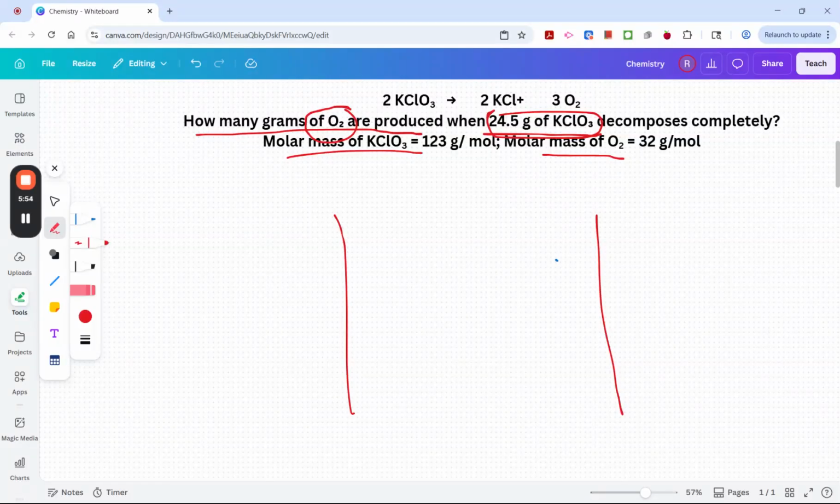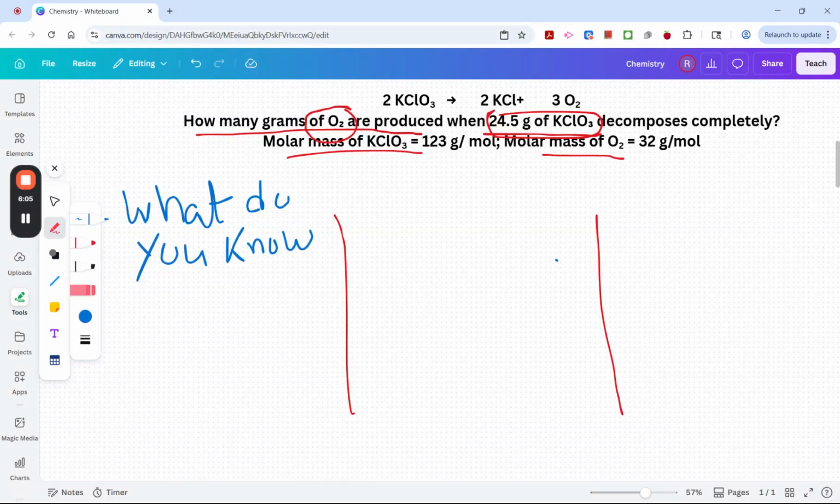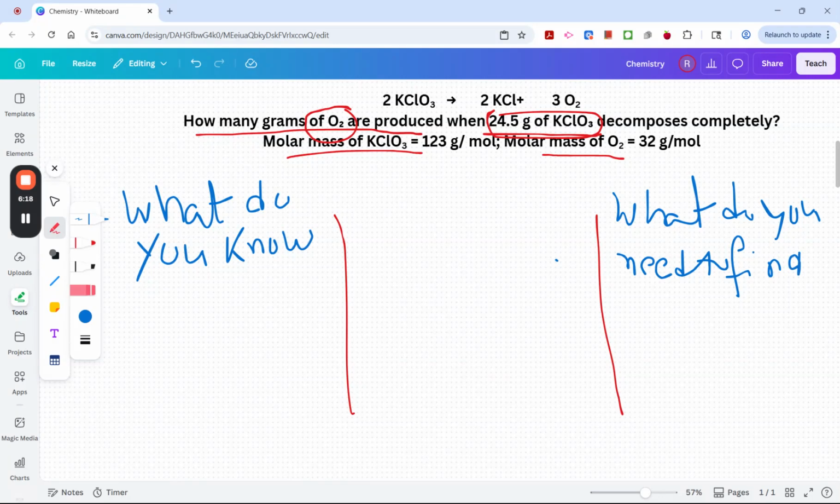In the first column, we'll use a different color. What do you know? What do you know means the number or value of which formula is given to you. Third column: what do you need to find? It's pretty clear in the question.